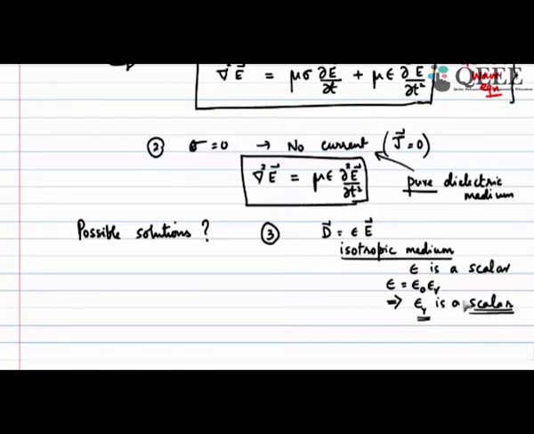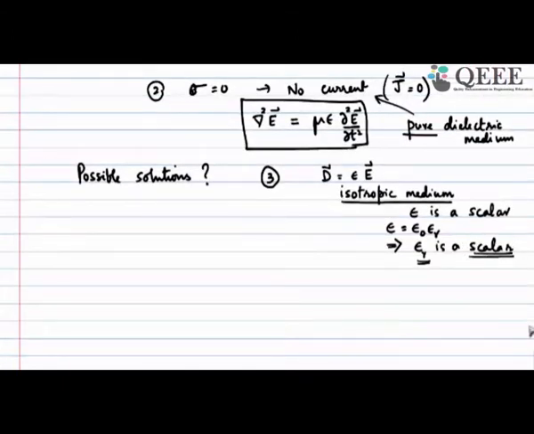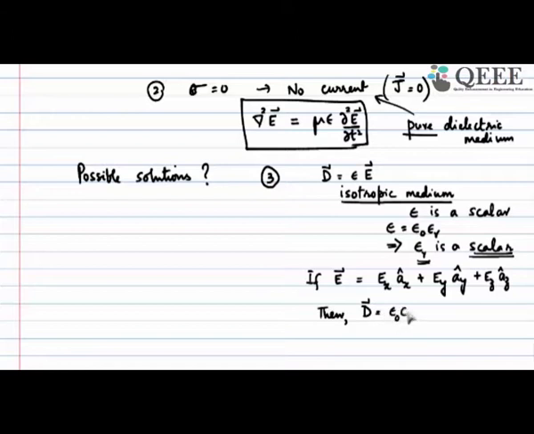What does it mean physically? It means that if I apply an electric field having components Ex Ax plus Ey Ay plus Ez Az, then if E is the applied field, my D is epsilon 0 epsilon r times Ex Ax plus Ey Ay plus Ez Az.